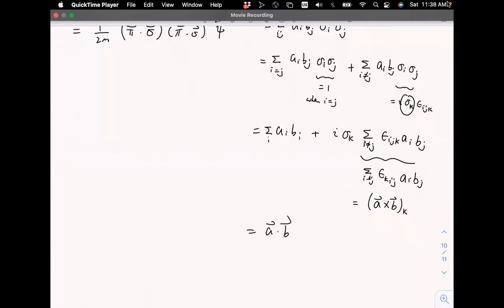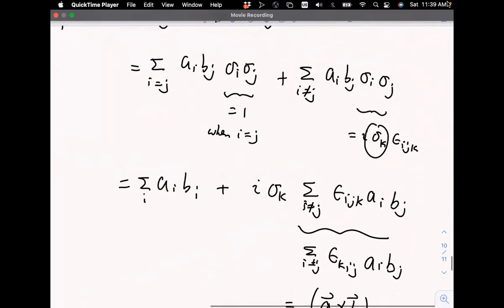Then you have i sigma dot a cross b. And here you automatically need to sum over k, because as you're going through i, j, and k, you automatically need to go through k again.